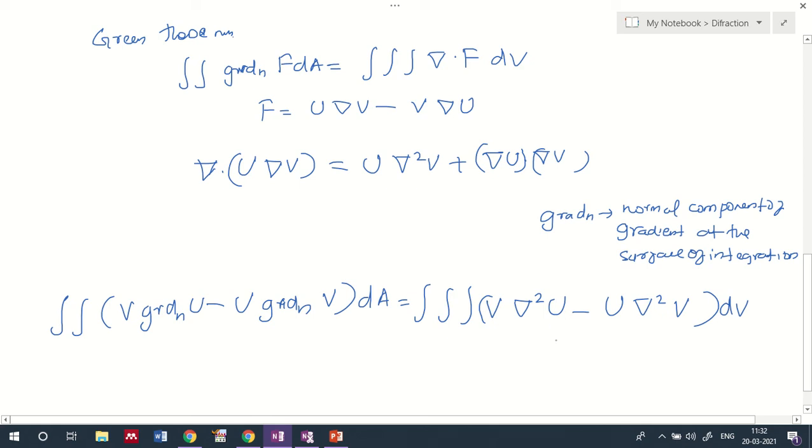Within the surface, the volume V is represented by this triple integral of v del squared u minus u del squared v dV. Okay, I think this is clear. How do we get this equation? Just by substituting f equal to u del v minus v del u in this Green's theorem, and you will get this corresponding equation.